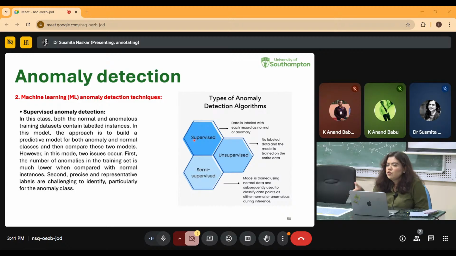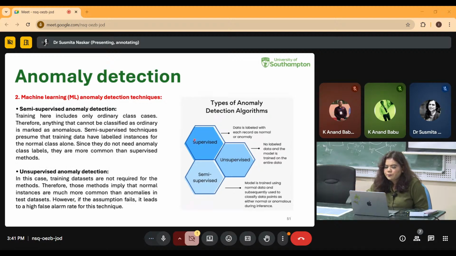That's the reason we don't use supervised learning quite a lot in real life. That's where we use semi-supervised or unsupervised learning, because we always face challenges identifying the anomalous data, or we may not have it at all. So that's the place we use these a lot.